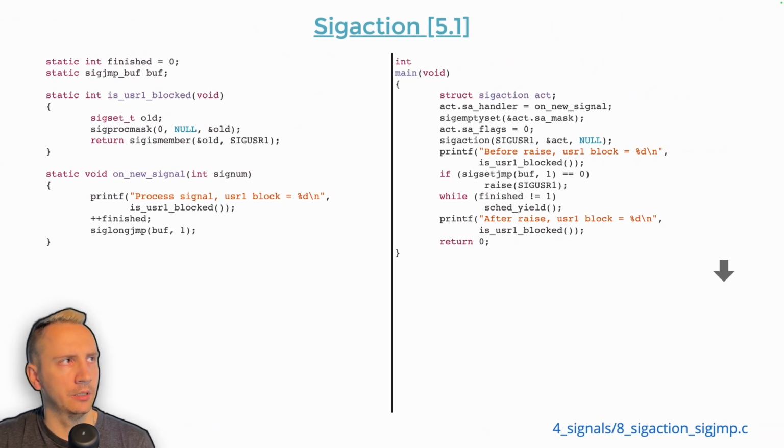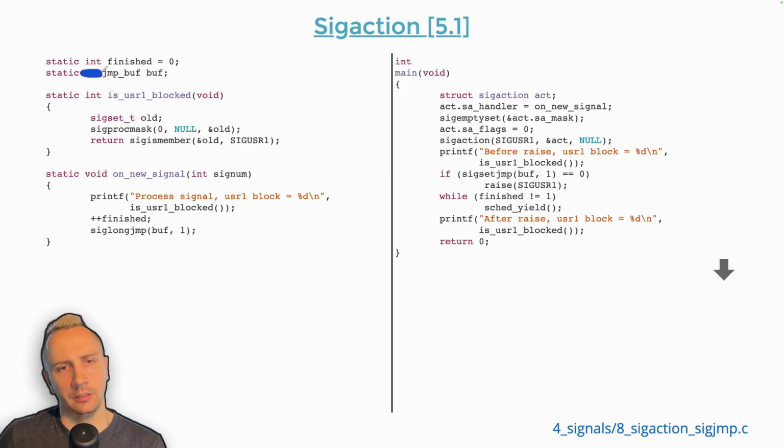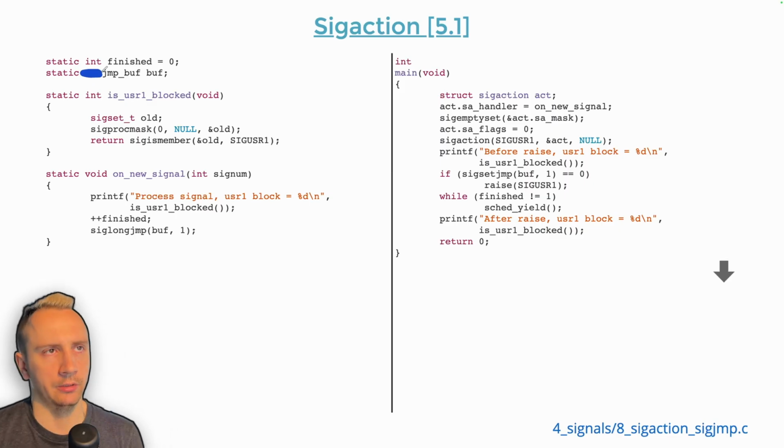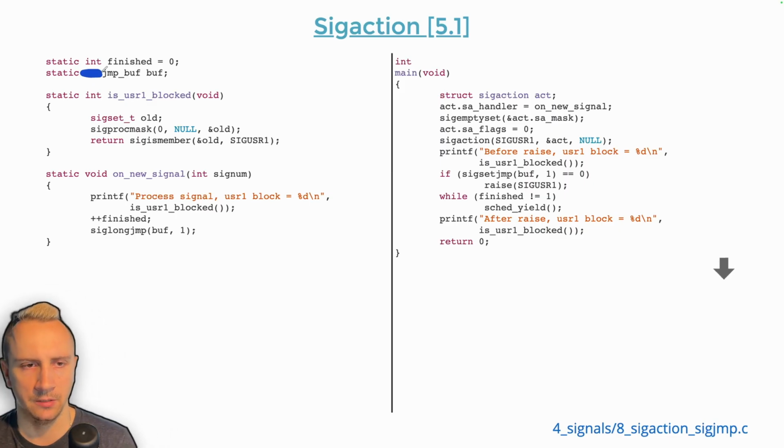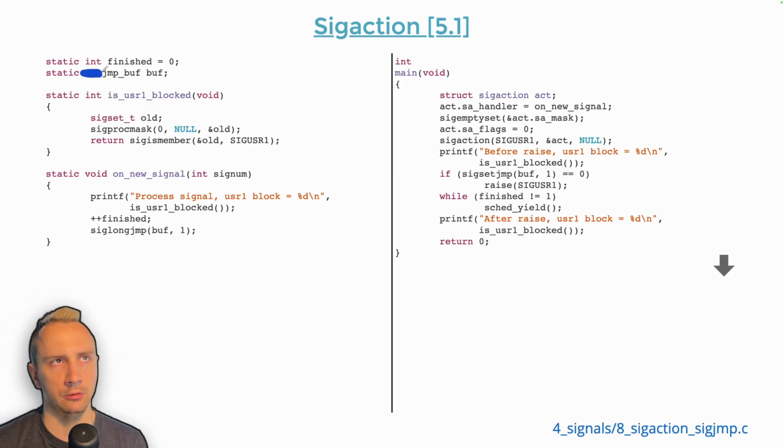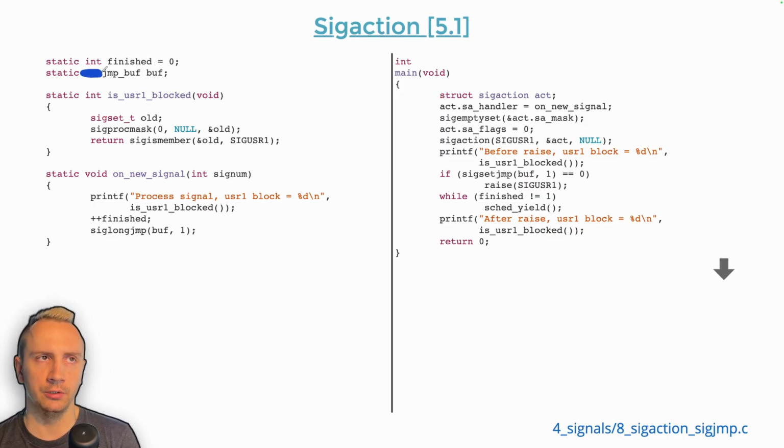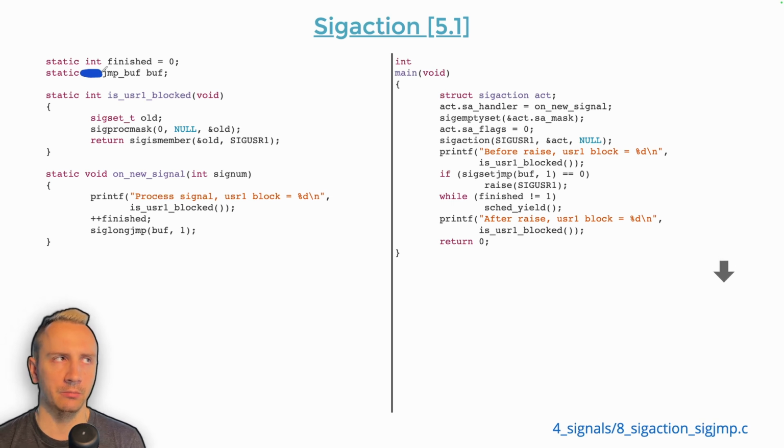The problem is that the jmp_buf, the normal one, contains the context by which you can jump back to a specific place on the stack and continue executing specific instructions from a certain point. So it's a context which you can save and then restore. And the thing is that on Linux, this context does not include the signal mask of the thread.